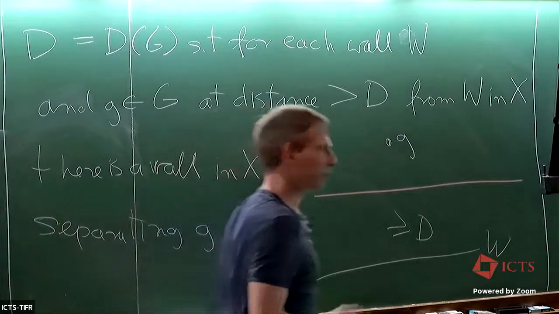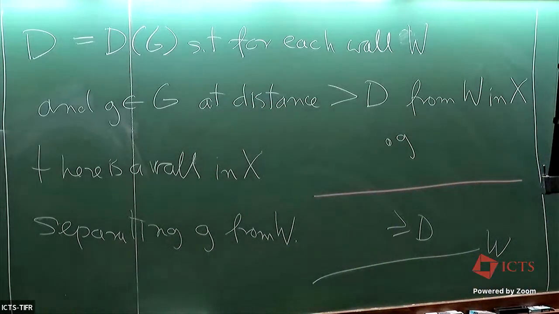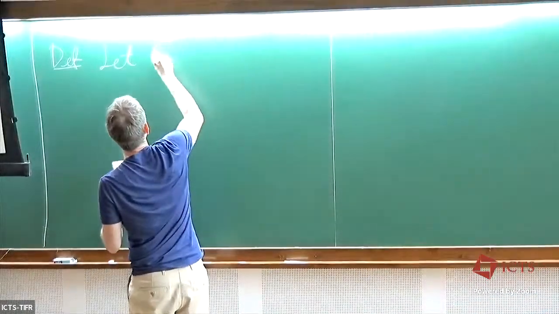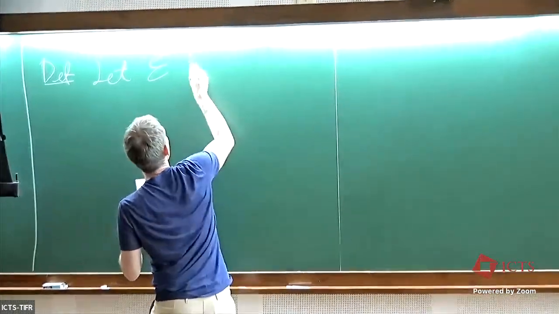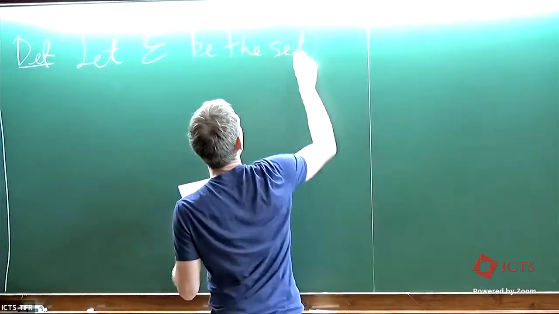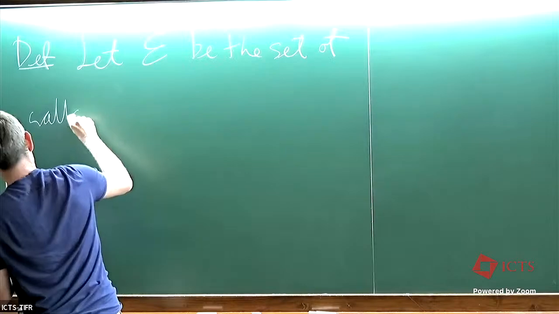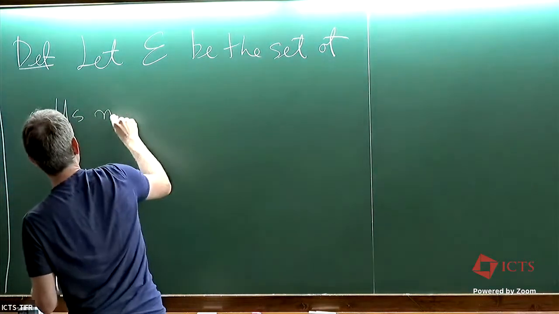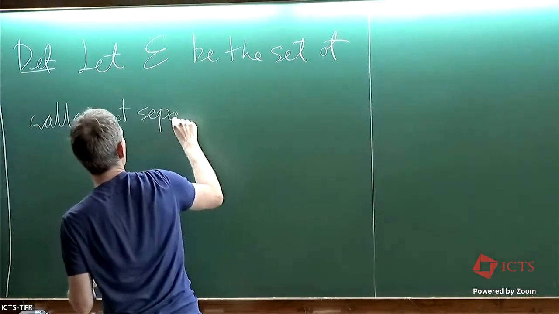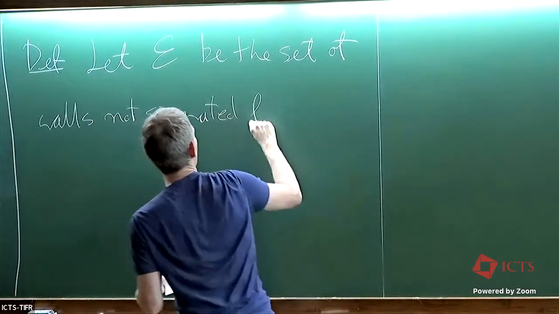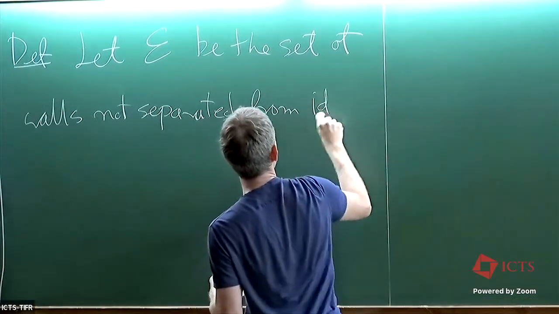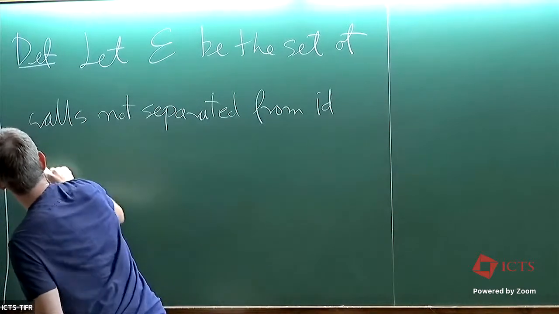While I have this theorem on the board, I would like to record the corollary. So let me define a particular set of walls called elementary walls. Let epsilon be the set of walls not separated from the identity in the Cayley graph by any other wall.